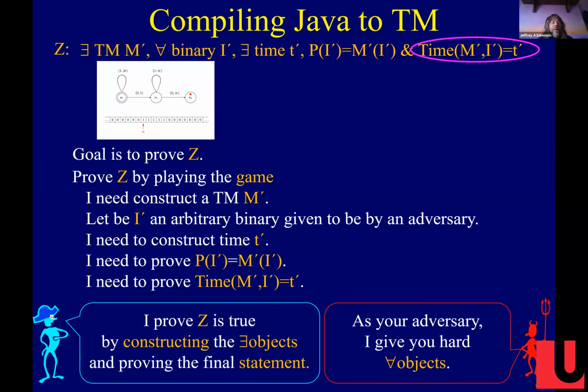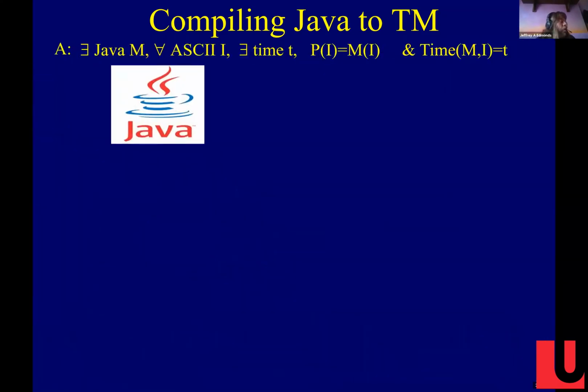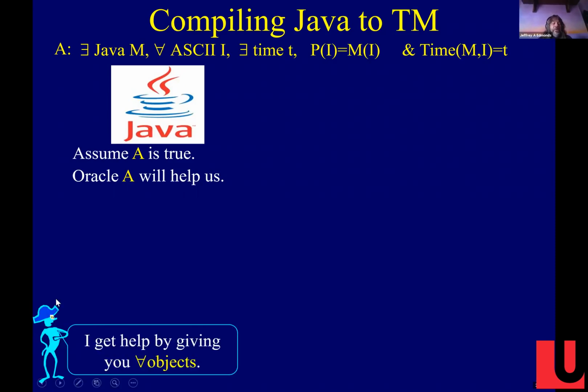But in order to help us, we're going to have some oracles, all right? Since we're assuming A, Oracle A will help us. We'll have three oracles, Oracle A, Oracle B, and Oracle C. What will Oracle A do?